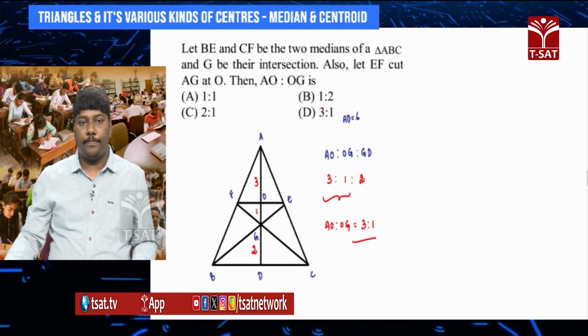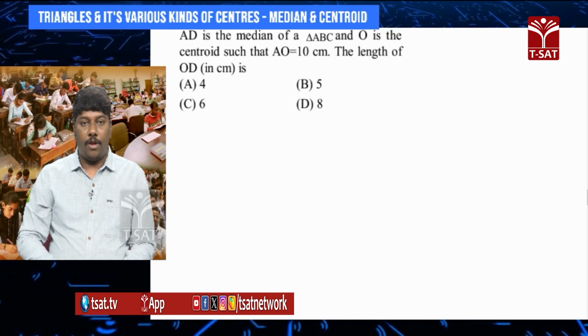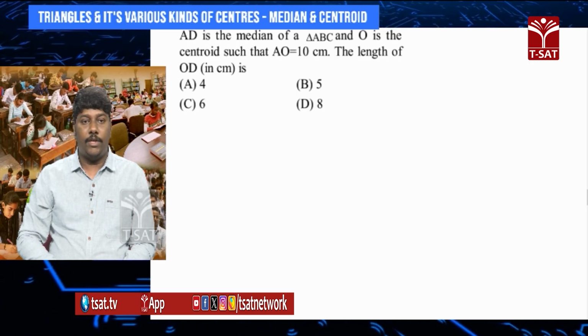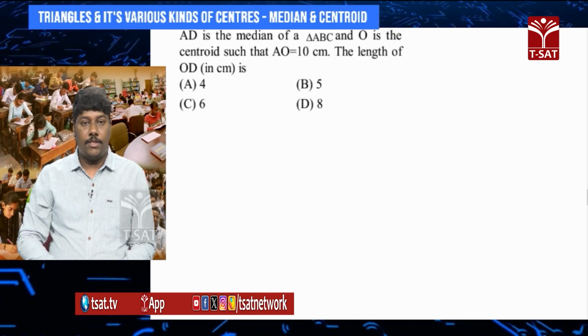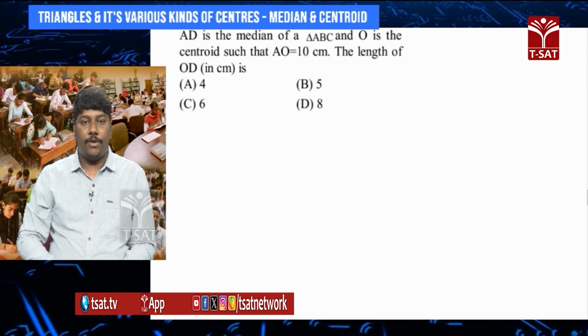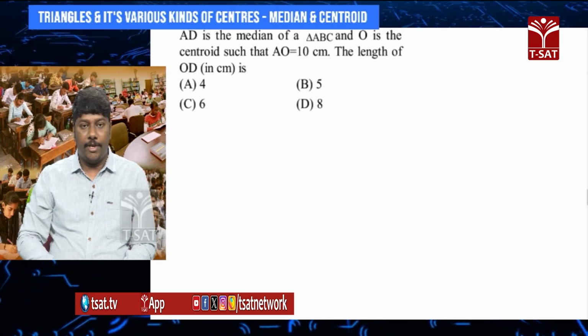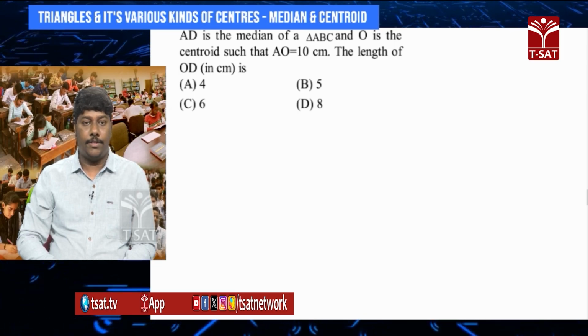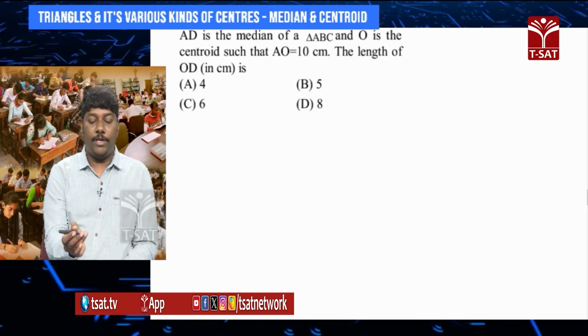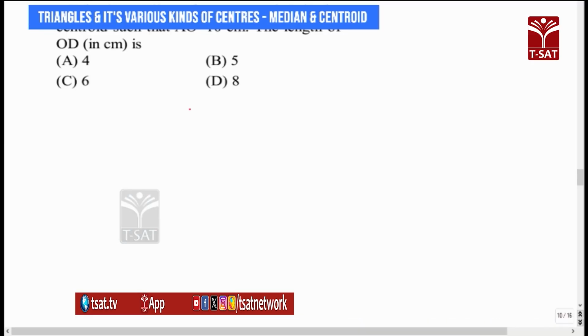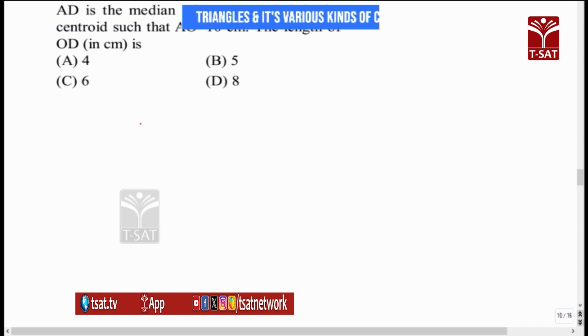Look at the next one. AD is the median of triangle ABC and O is the centroid such that AO is equal to 10 centimeters and the length of OD is. If O is the centroid, AO is equal to 10 and OD is equal to. We all know the centroid divides the median in the ratio 2:1.